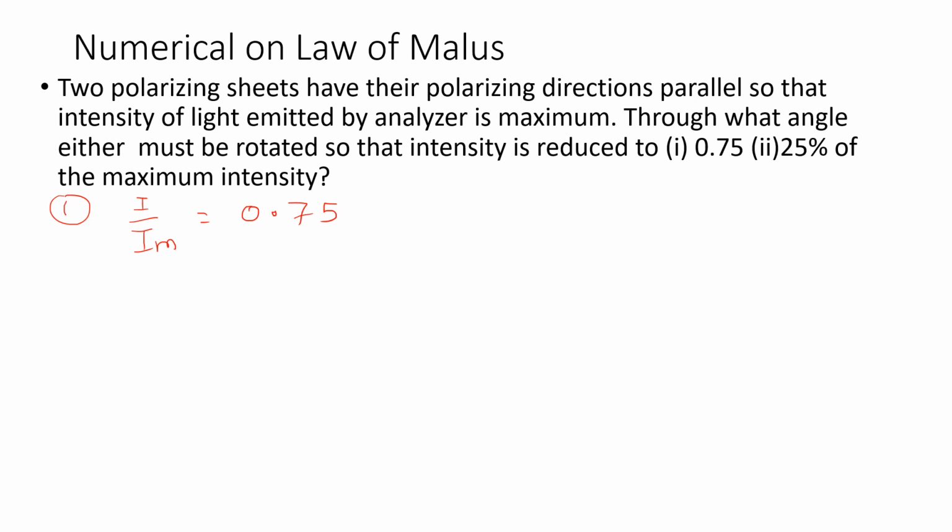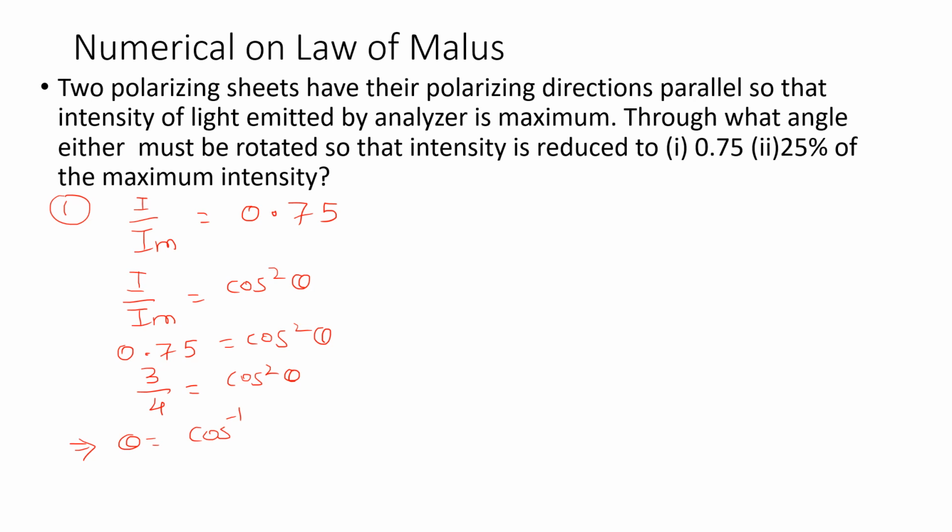We want to find out the angle theta between the plane of polarizer and analyzer. I upon Im is equal to cos square theta, so 0.75 is equal to cos square theta.